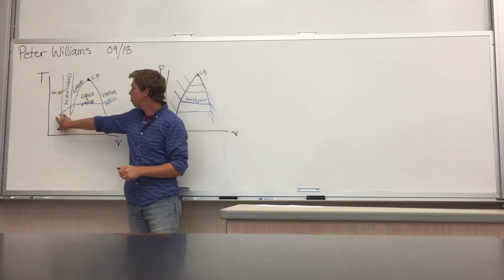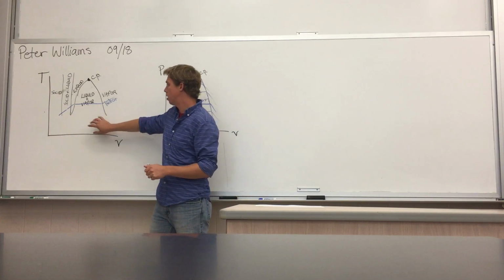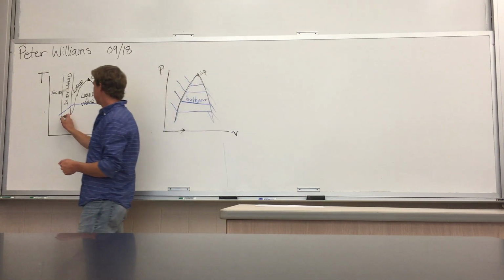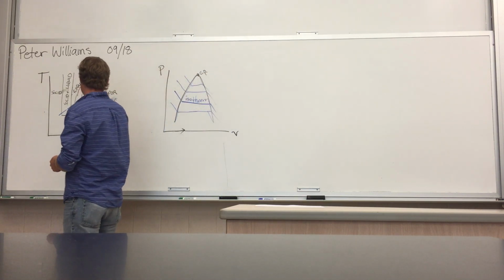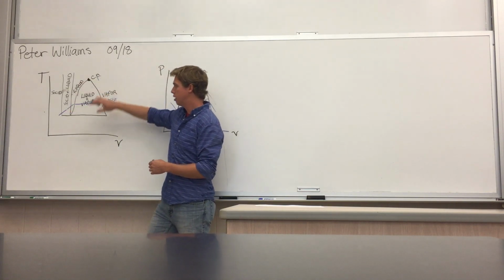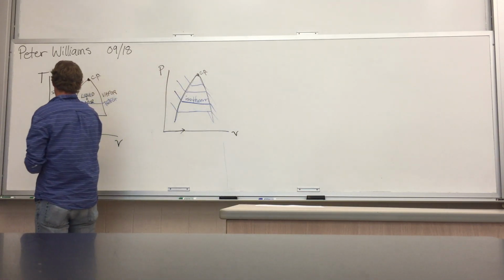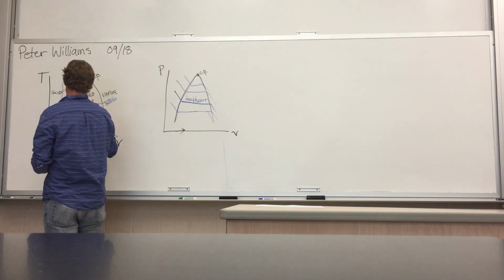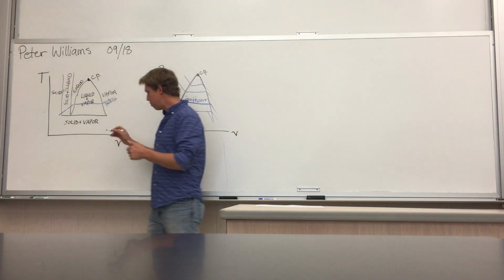Now you may notice I left the bottoms out here. Where does this go? What's down here? Well, turns out that there's a line right here that divides off everything else, and everything below that line is solid and vapor. And at first that may seem weird.